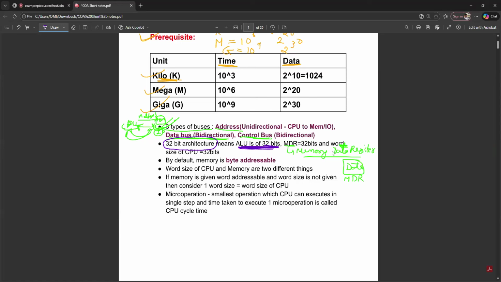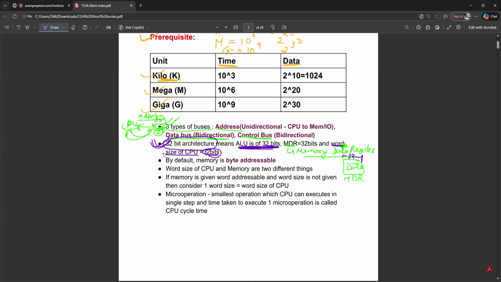Then the MDR is of 32 bits, and the word size of the CPU is also 32 bits. Now remember this point. Now moving to the next point.